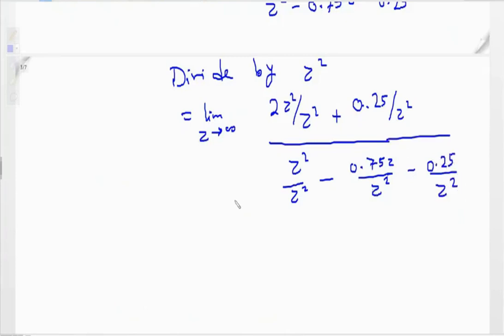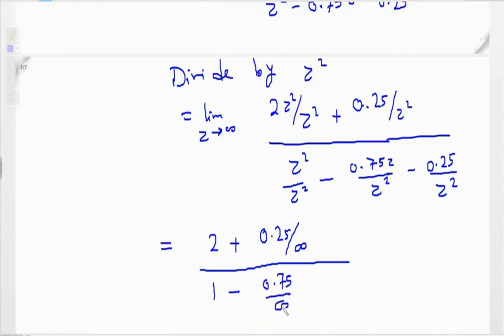Now substitute the z value as infinity. When we are substituting the value, we don't write limit. So that becomes 2 (z² cancels) plus 0.25 divided by infinity, divided by 1, z² upon z² is 1, minus 0.75 divided by infinity, minus 0.25 divided by infinity.